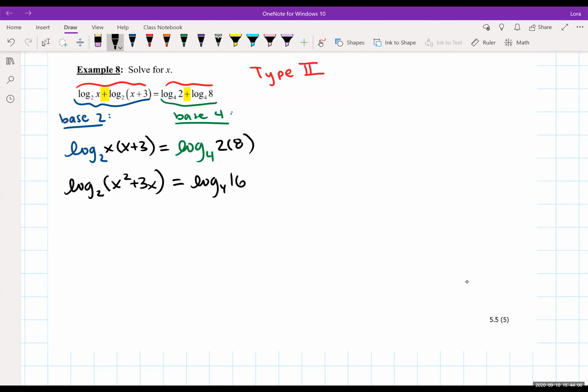Now, normally in type 2 equations, what we look for is everything condensed to a single log on the left-hand side and a single log on the right-hand side, and then we ask whether we are able to set the arguments equal.